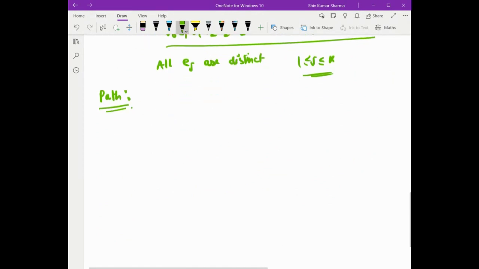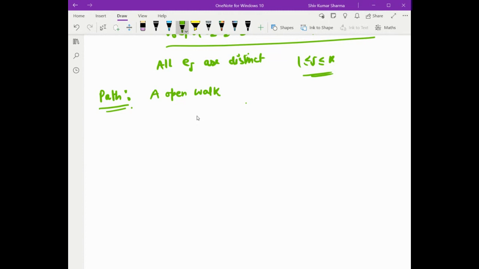Now we define path. A path is an open walk. We define an open walk as one where the initial and terminal vertex, the ending vertex, are distinct.